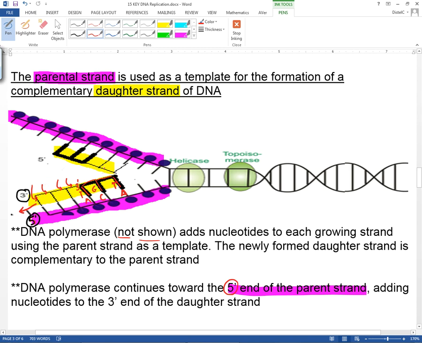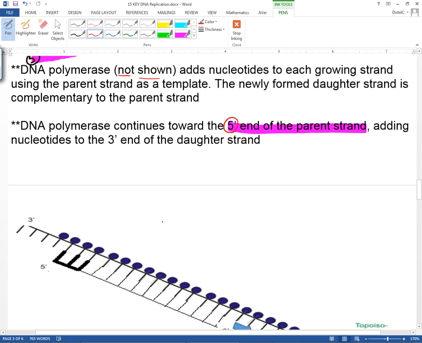Now, when we look up at this side, we start to see something that could potentially be a problem. If this is the 5, right, then here's the 3 on the daughter strand. And then if this is 3, this is 5 on the parent. Okay, so replication is happening in this direction. Okay, so we start to see that it's happening in 2 directions.